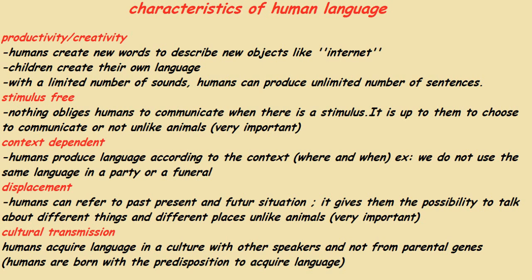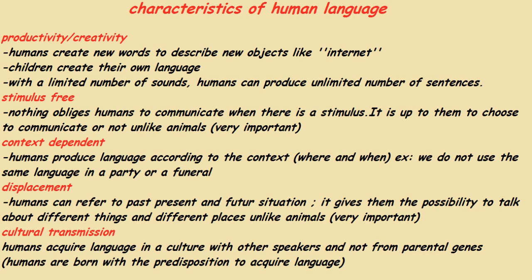I give a very easy example in order to understand. For example, a person is hungry, right? He's sitting with a group of friends. He can decide not to tell the others that he is hungry.